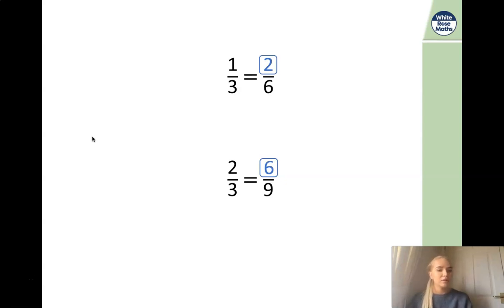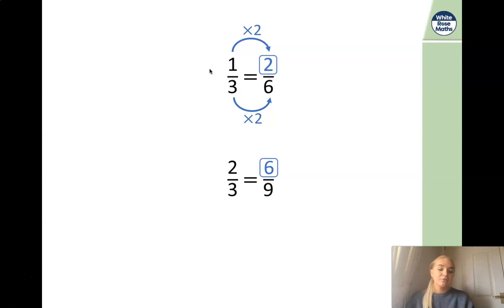What do I need to multiply my numerator 1 by to get to 2? That's right, I have to multiply it by 2. And what do I have to multiply my denominator by to get from 3 to 6? 2 as well. Can you notice that whatever I've done to my denominator or my numerator, I have to do to my numerator or denominator again?